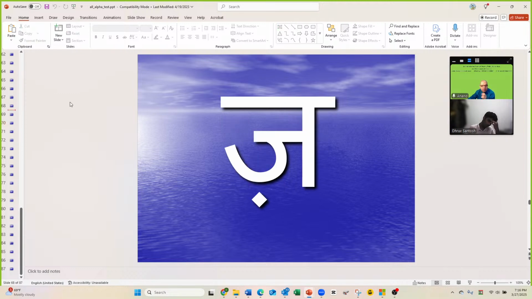Now, with these letters, how do you remember them? How do you practice remembering them? You look at them. What else can you do? What is the learning method to learn these letters?